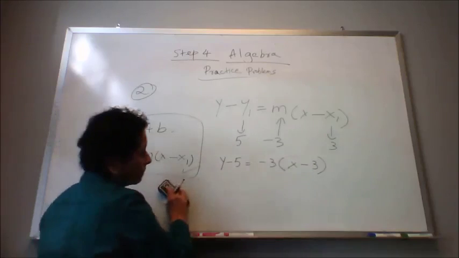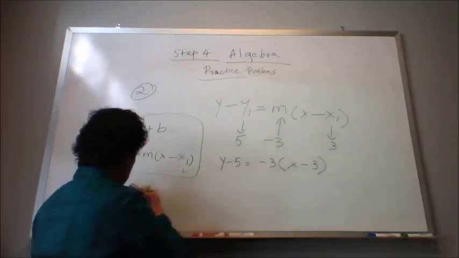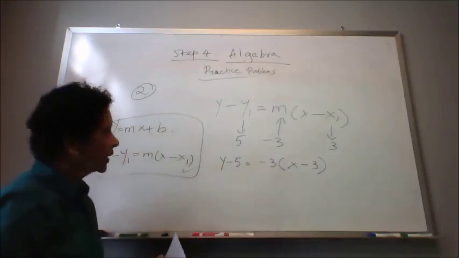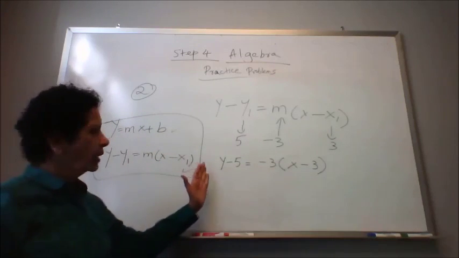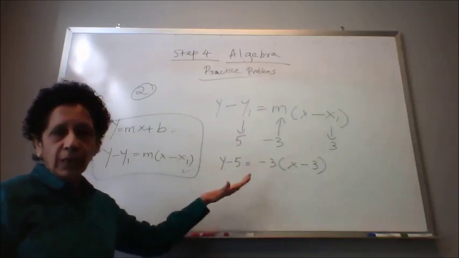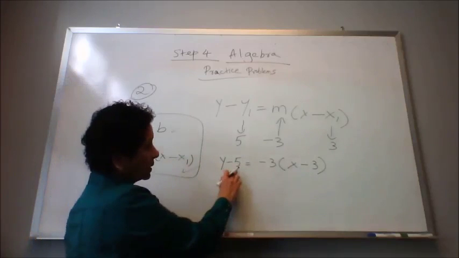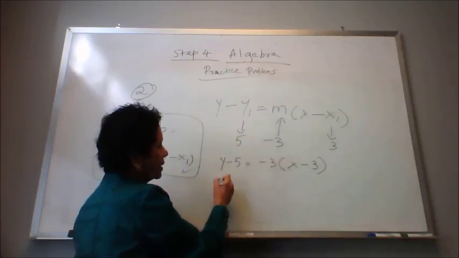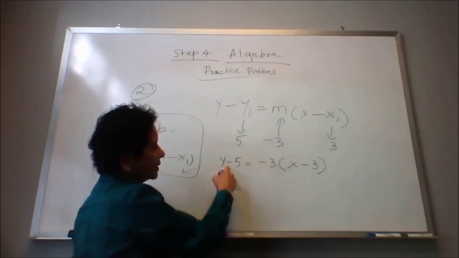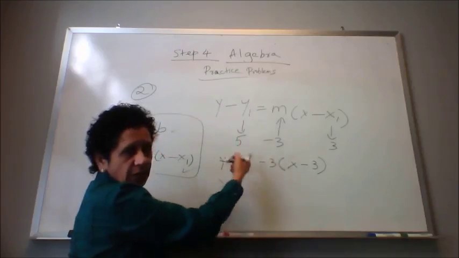Generally, we write the equation in the standard form. That means I need to have y on the left-hand side. Everything else here, I need to get rid of. So I don't like the minus 5 here. How do I get rid of it? Take it to the other side. When I take it to the other side, it changes the sign. Change the side, change the sign.